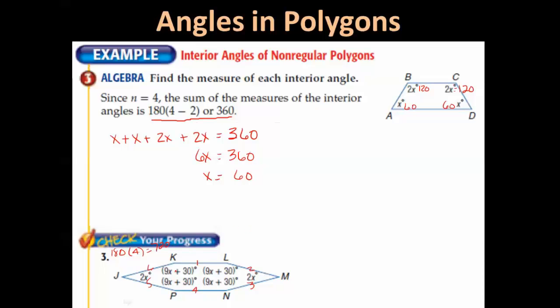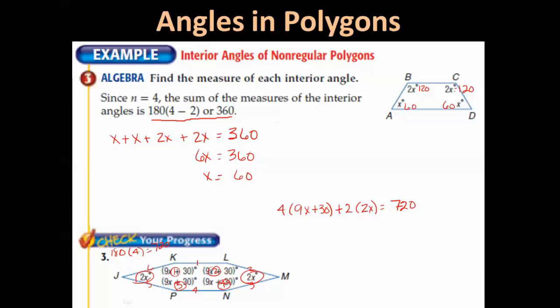So there's 4 of these, 1, 2, 3, 4. So I'm going to say 4 multiplied by (9x plus 30), and then there's 2x plus 2x is going to equal 720.